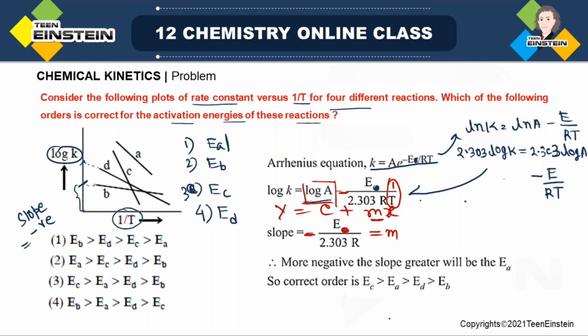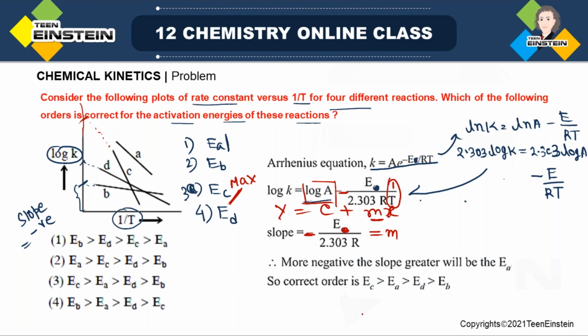It is C. That means the value of activation energy for the reaction C will be maximum, because this line is steepest. Another way you can easily understand is, when you extend this line, the intercept is maximum. That is another way to understand in which case the slope is maximum.